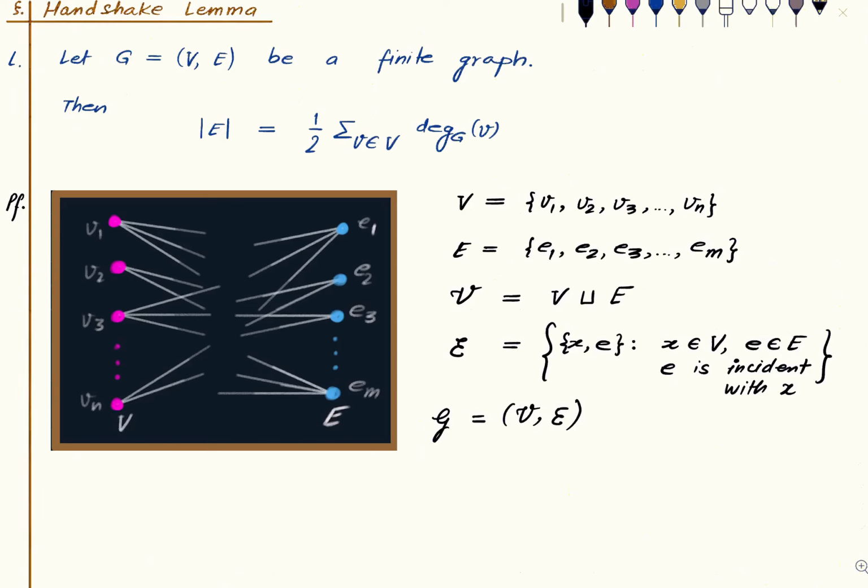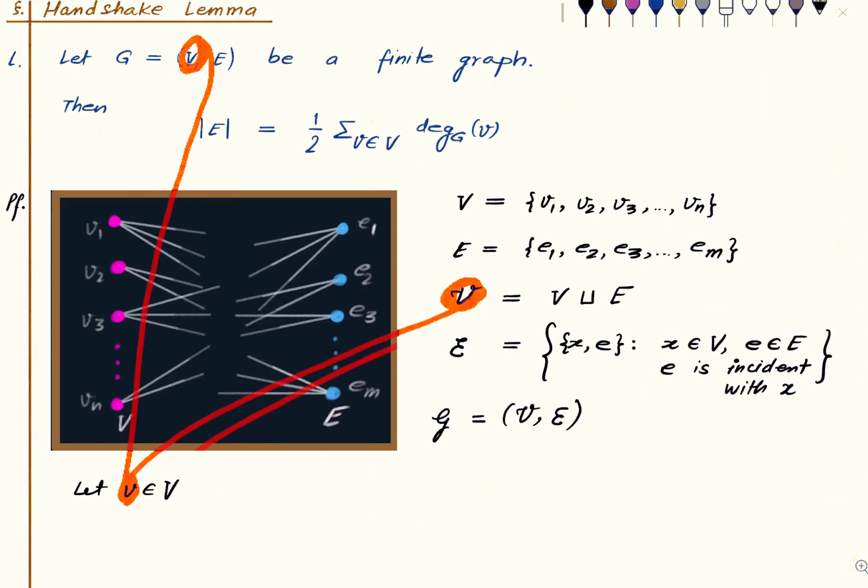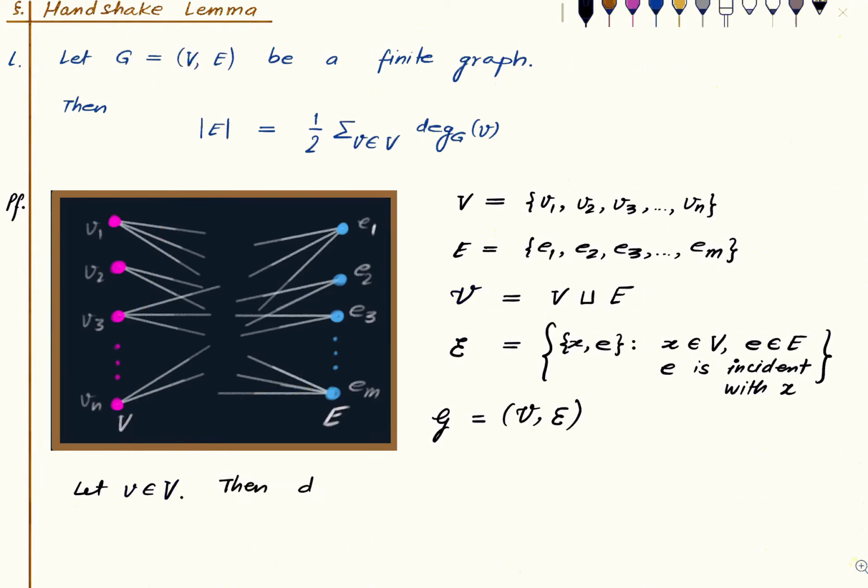So one thing to note is that the degree of any V, so if you take little v in V, now this is an element of the vertex set of the original graph, but this is also an element of the vertex set of the new graph, because after all, this is a subset of that. So the observation that we want to make is that the degree of V in the old graph is same as the degree of V in our new graph.